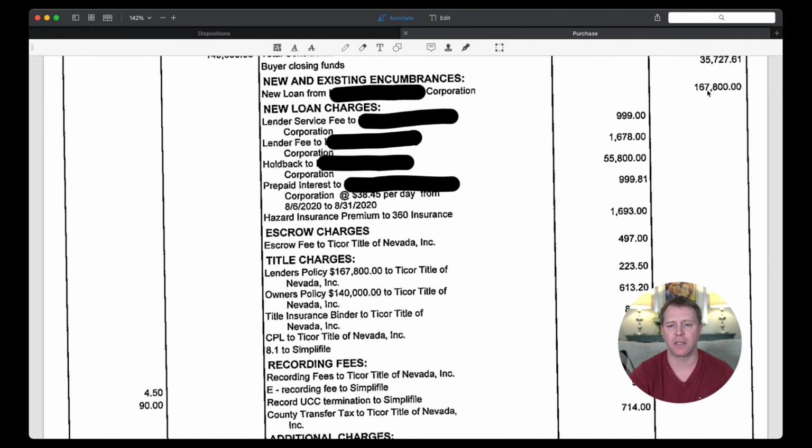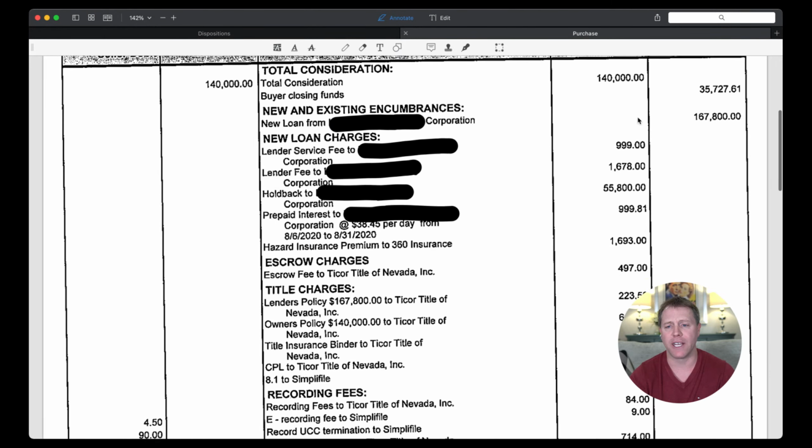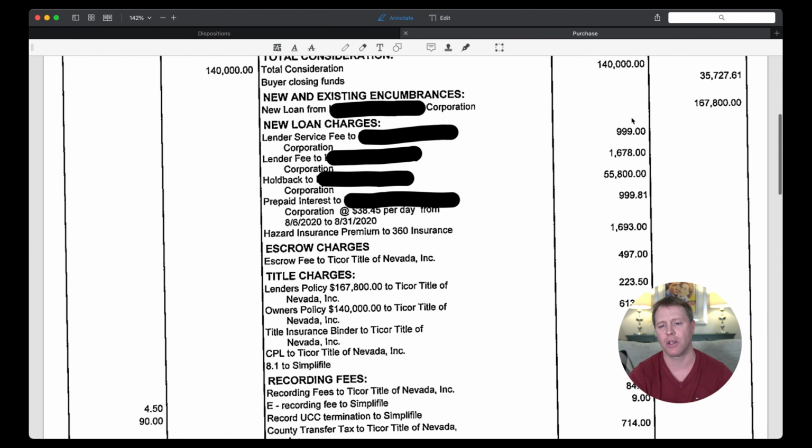not points, not interest, not lender fees in this regard, because I'm just talking about the closing costs. So in order to get the number off of this $140,000 purchase price, what the actual closing cost would be. Some people might say, well, lender costs are included in there too.